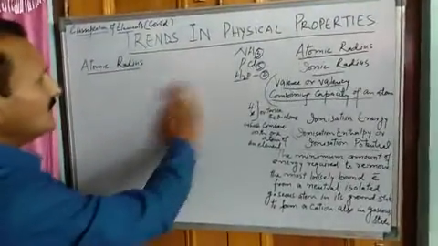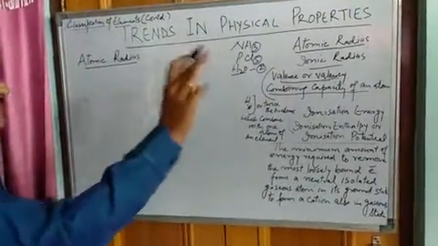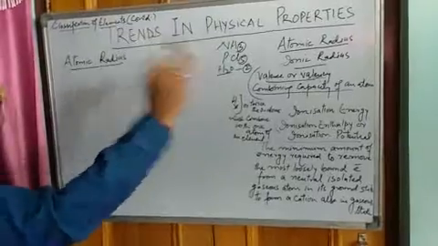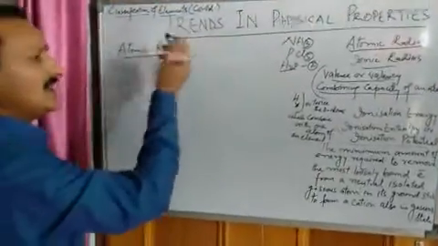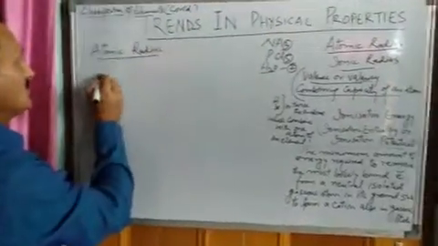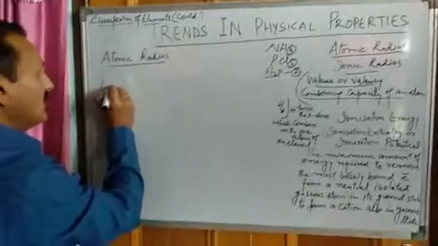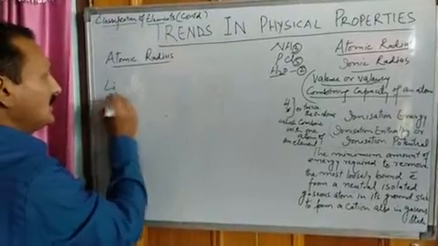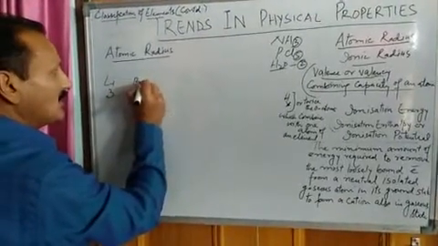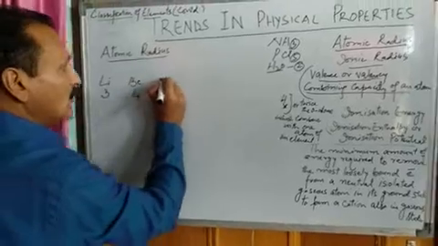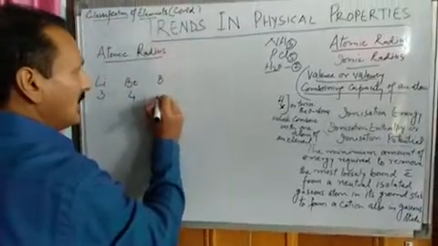First, along this period. For example, I take any period. Say this is lithium, atomic number 3. Then beryllium, atomic number 4. Then boron, atomic number 5.